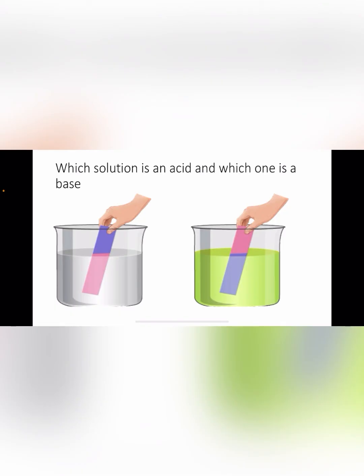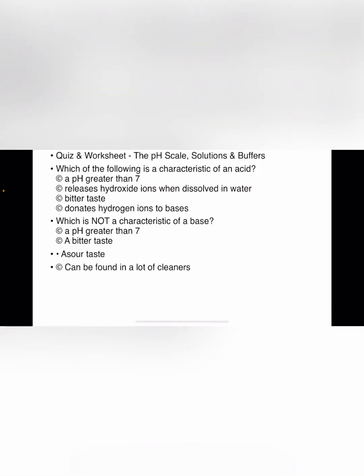Which one is a base and which one is an acid? Because we can see that in one solution the blue litmus paper turns red and the red litmus paper turns blue in the other solution. So you have to tell me which one is an acid, which one is a base.